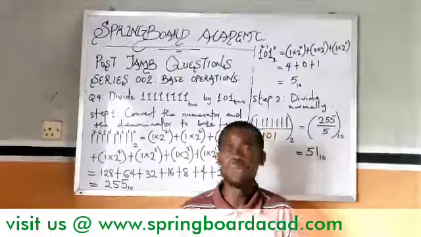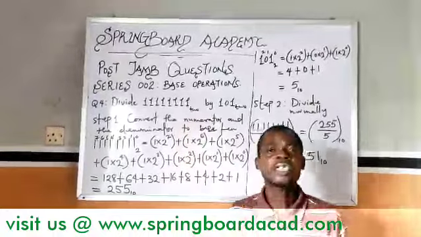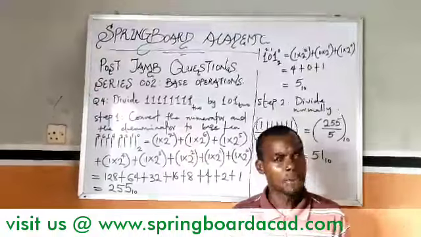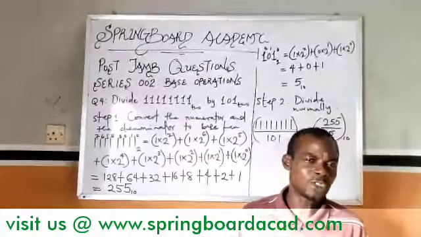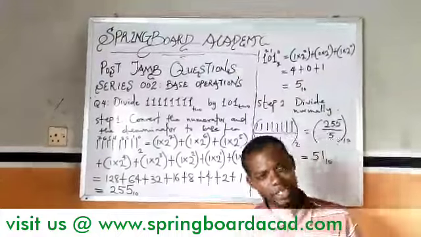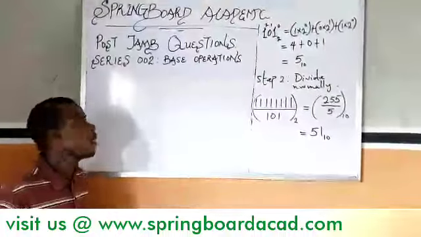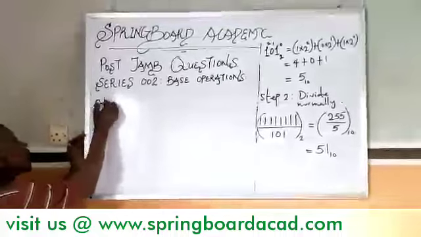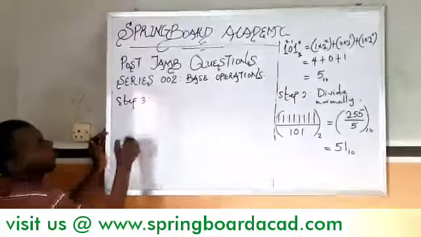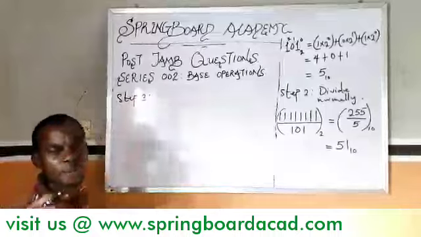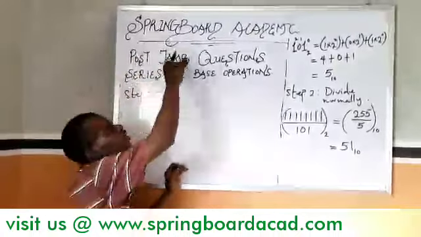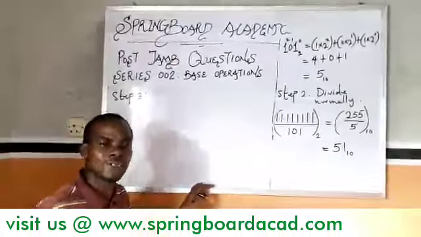Remember, I told you, when dealing with division, it's a 3-step process. We are left with the 3rd step. Quickly, let's look at that. Now, quickly, step 3. What's step 3? Recall the base under which you are expected to operate from the original question is base 2.